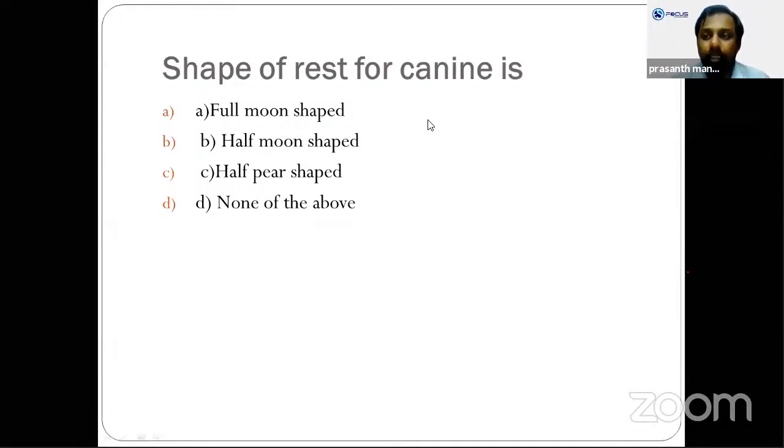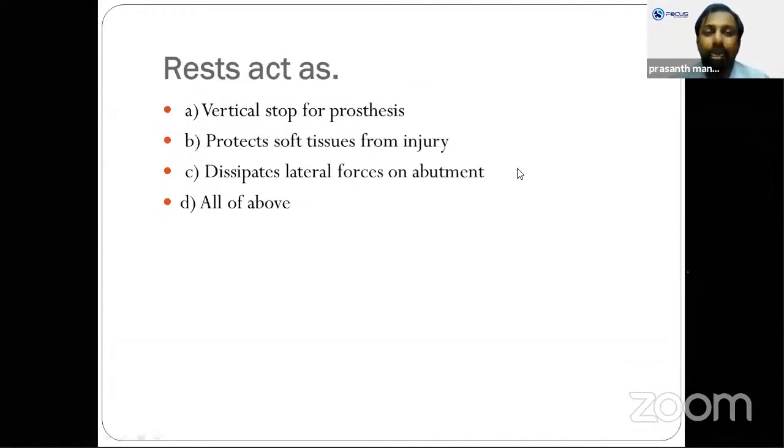So these are the frequently asked questions from this region. Clear? Next question. Rest seat acts as a vertical stop for the prosthesis, protects the soft tissue from injury, dissipates the lateral forces on abutment, all of the above.